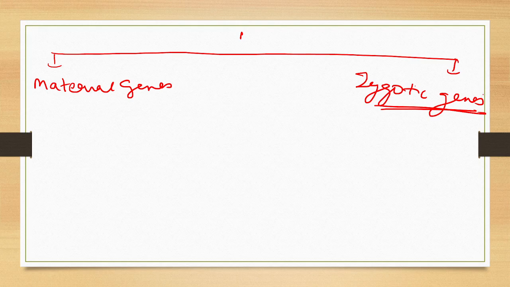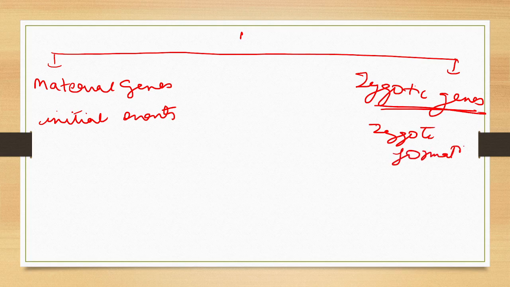So they regulate the initial events. And after the zygote formation, the later events are under the regulation of zygotic genes. So bicoid is a maternal gene.